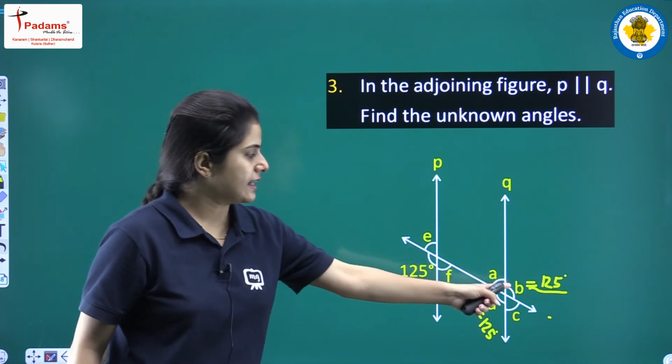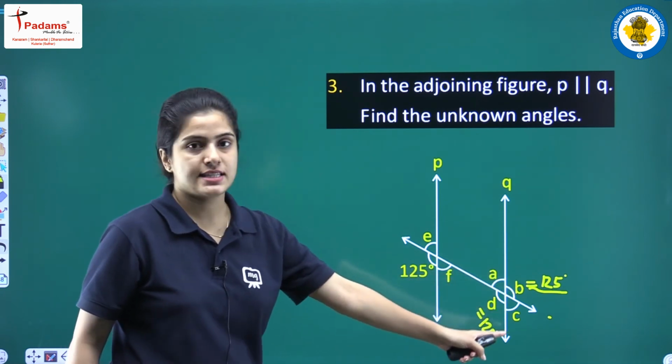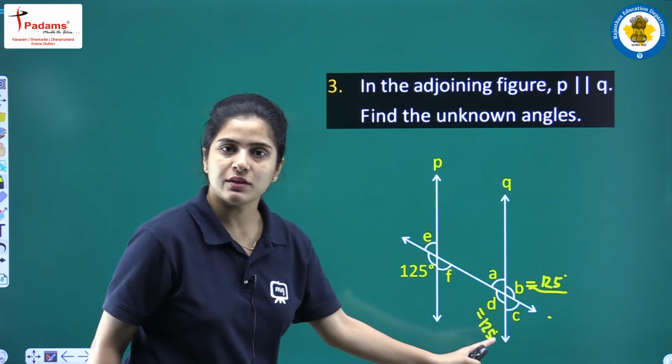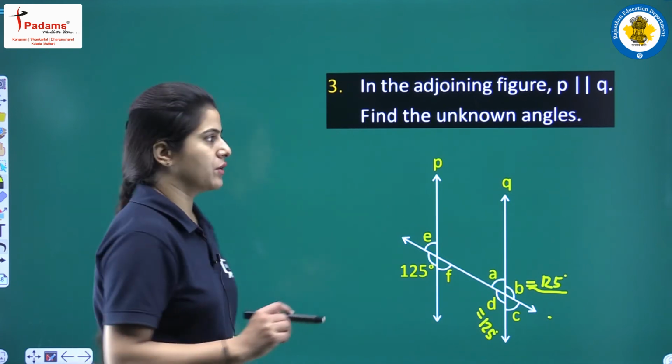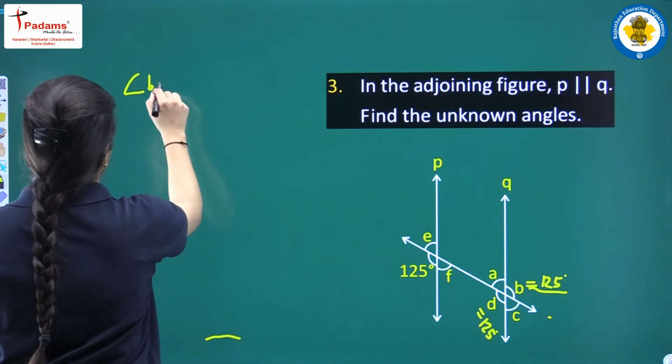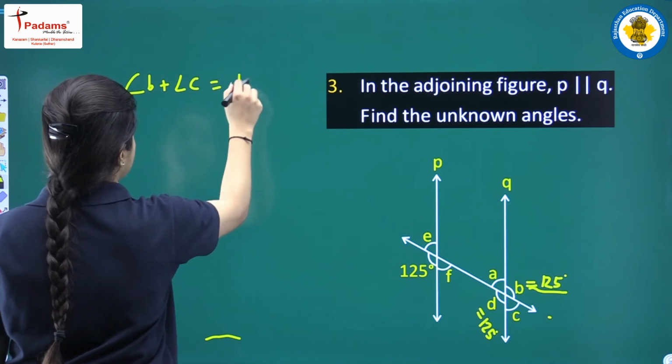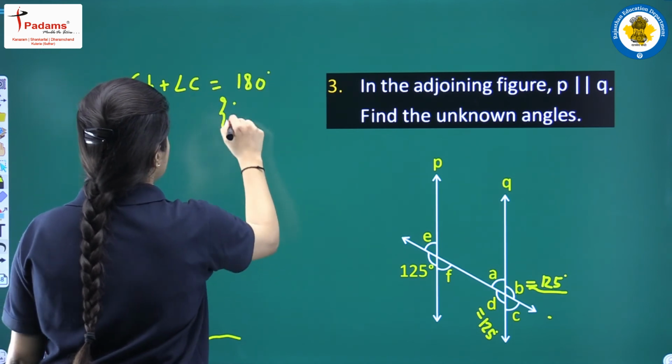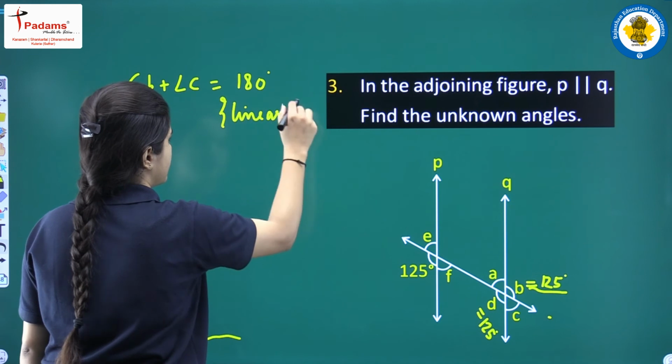Okay, so clearly this angle B and this angle C are on the same line. That is forming the linear pair. So angle B plus angle C is equal to 180 degrees because it is forming the linear pair.